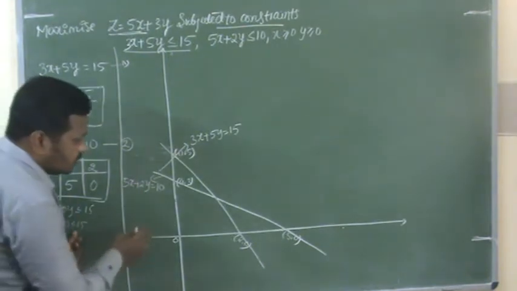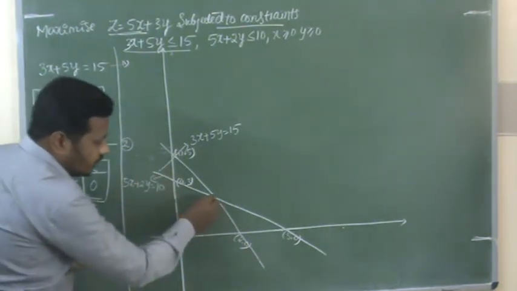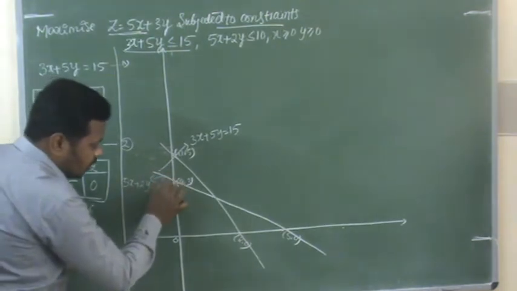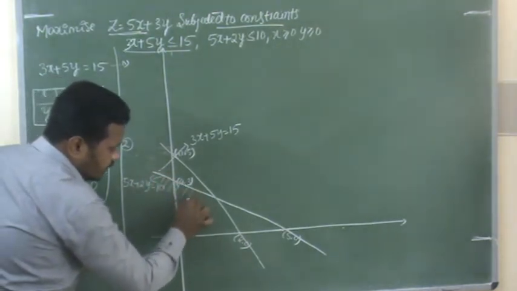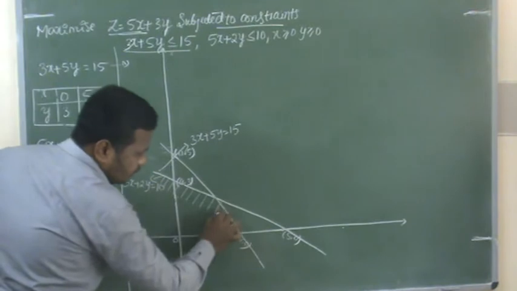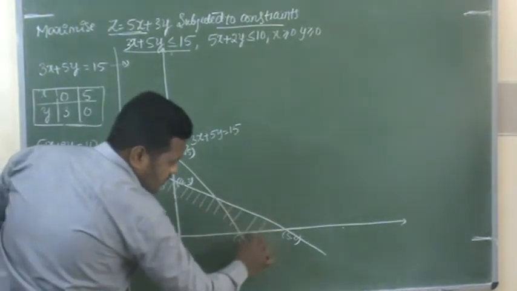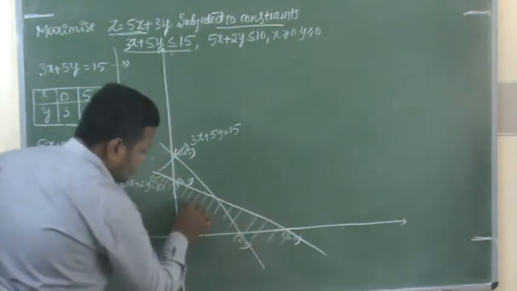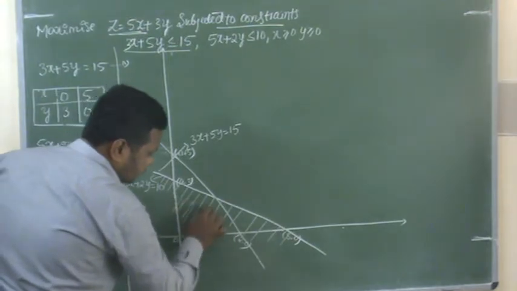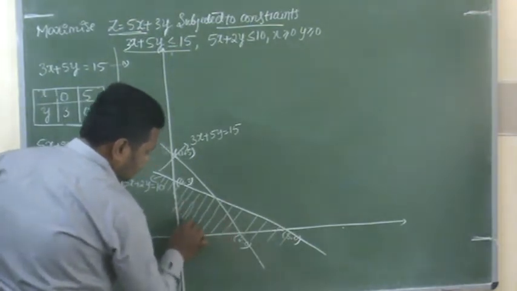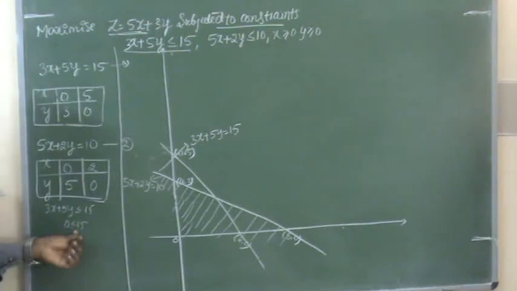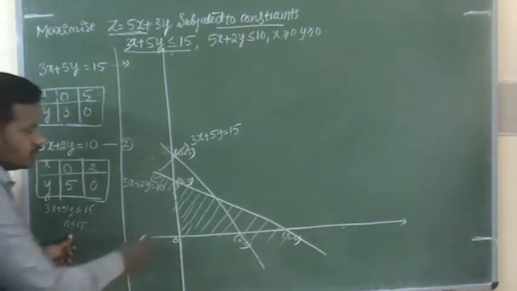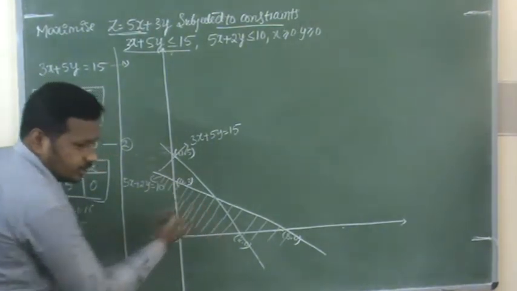If it's true, the shaded region is toward the origin. This is the origin side. For this equation, the shaded part is the origin side.